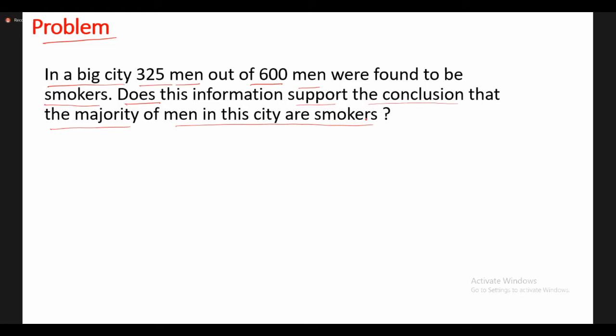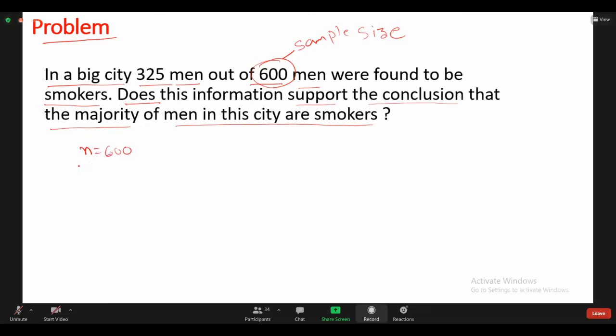First, all of you identify whether it is a large sample or a small sample. In a city, 325 men out of 600. Out of 600, this is the sample size. What is the sample size? n equals 600.